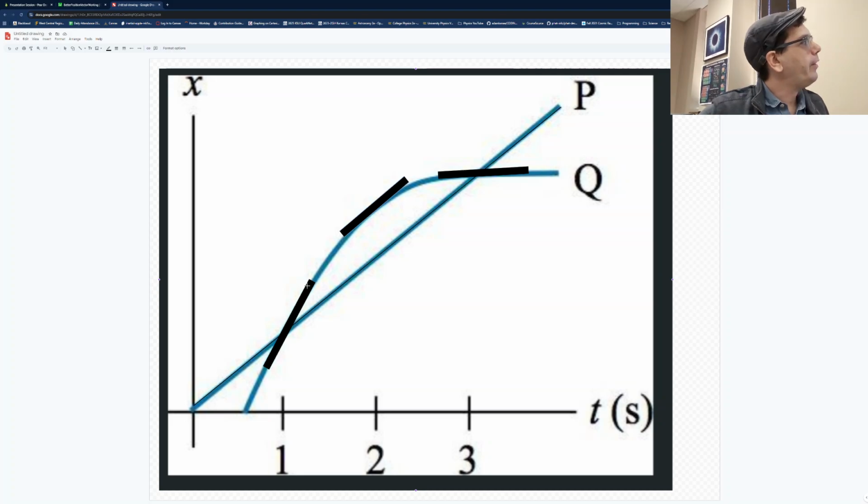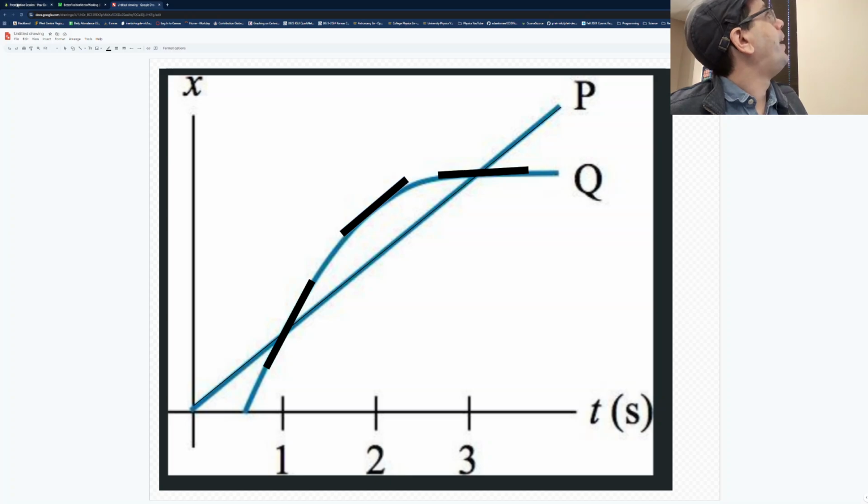But this one is clearly steeper than the slope of P, and Q is clearly shallower. And then at 2, for them to have the same slope, that would mean the lines are parallel. And, based on our estimated tangent line here, it's pretty parallel to P, and so it has the same slope there. So it has the same instantaneous velocity at that point.